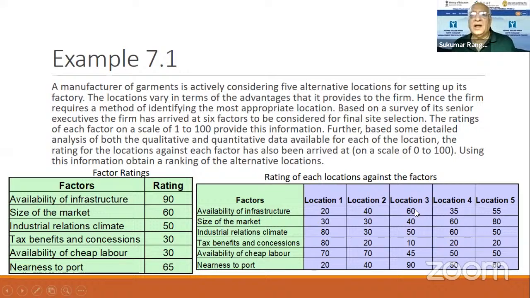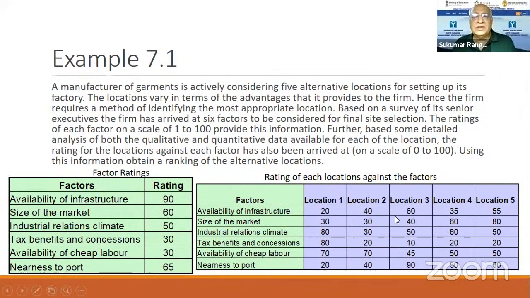3 scored very high, and this could be subjective, but then you could arrive at a figure based on discussing amongst yourself. There's no sacrosanct, it is not scientific in terms of absolute figure, but you can always arrive at one.